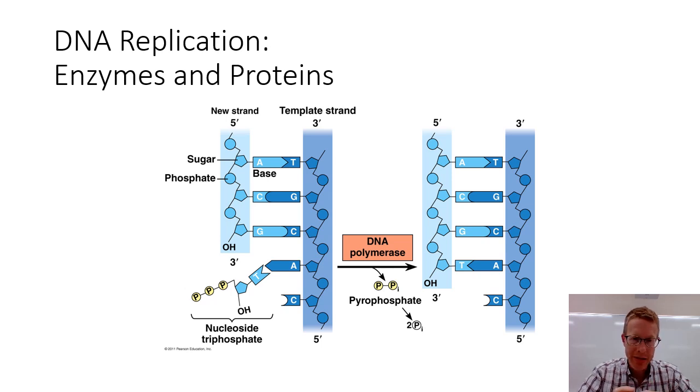So in this case, you can see that the T, the nucleoside triphosphate with thymine as the nitrogenous base, is coming in to its complementary base, adenine. And that happens automatically without an enzyme.